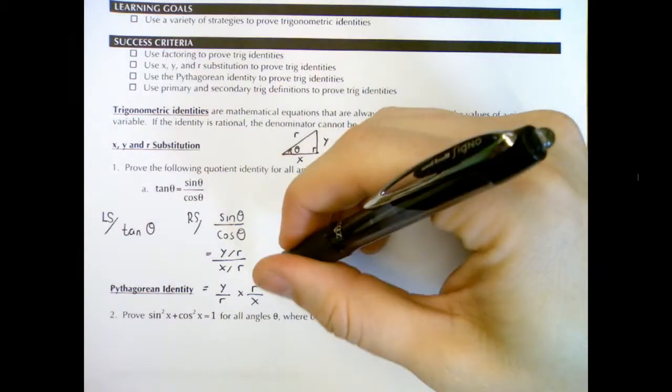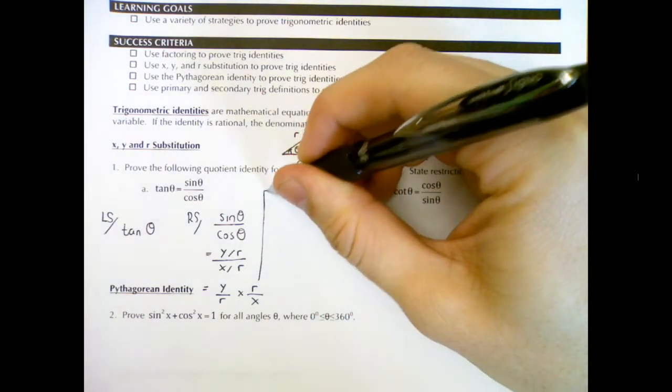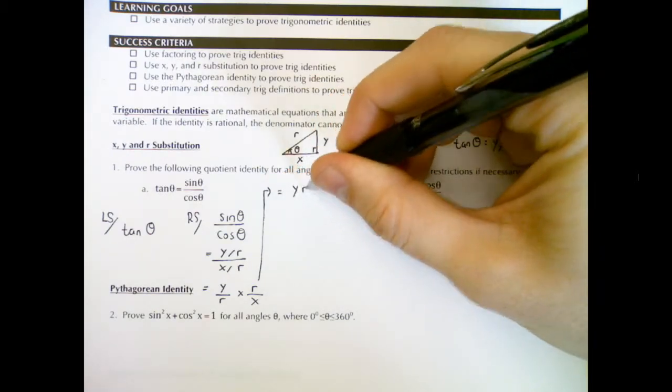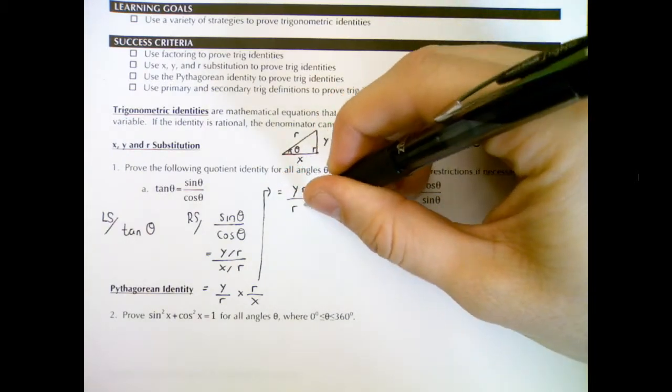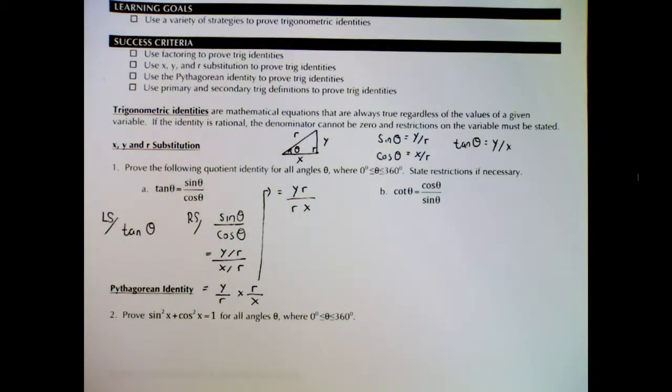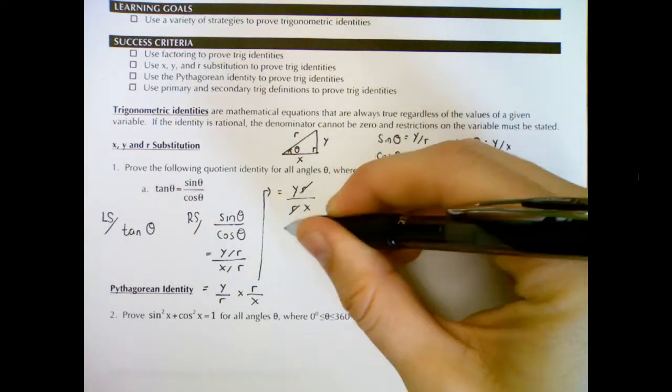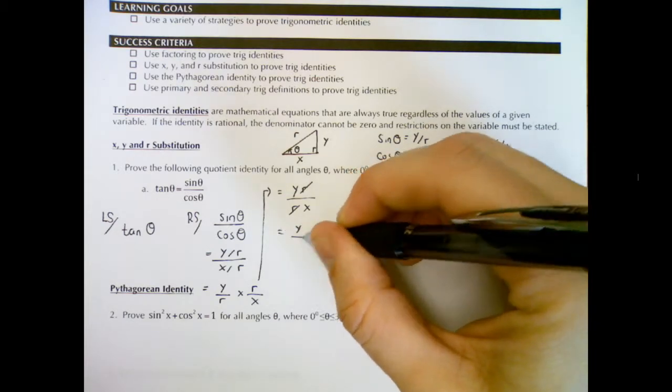And what happens if we multiply? I'll write it out. We get y r over r x. And we have an r on top and bottom. We can divide them away. R divided by r is 1, so we're just left with y over x.